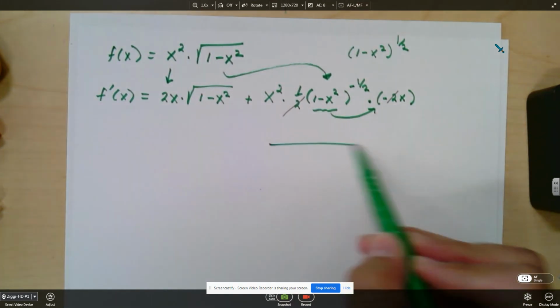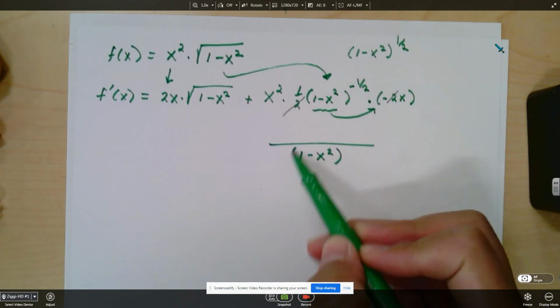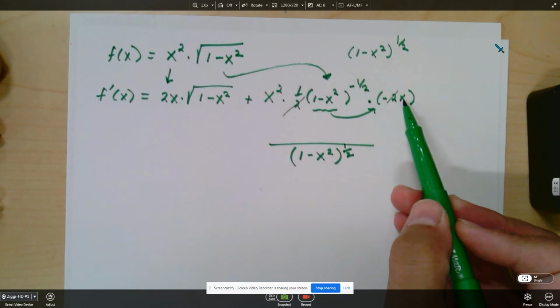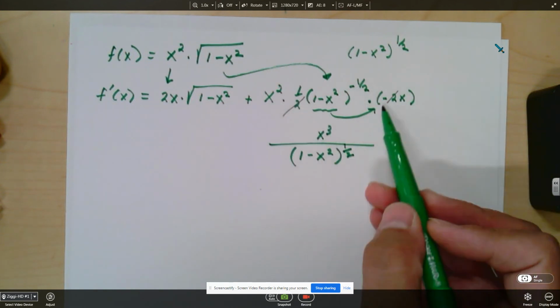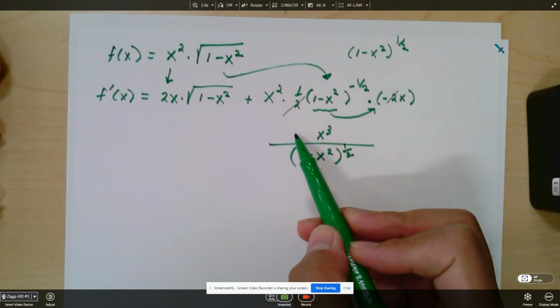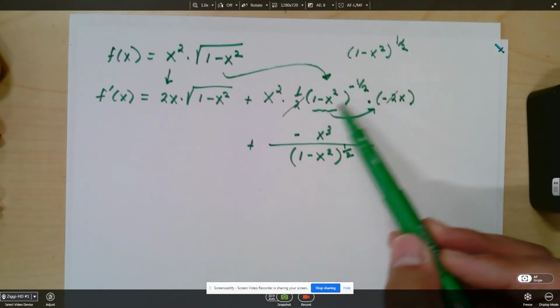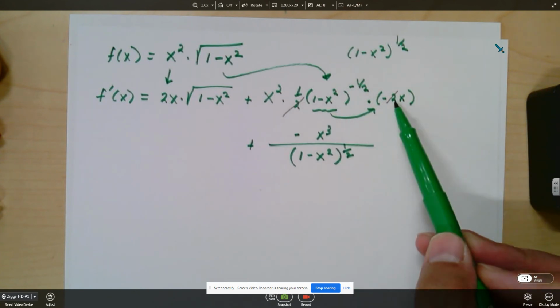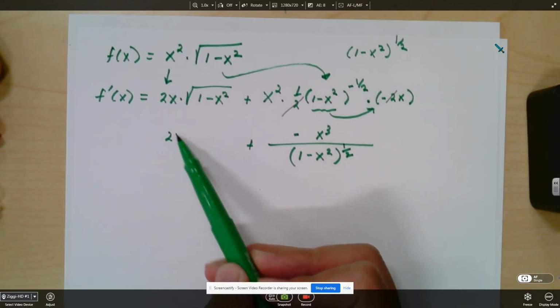This whole thing needs to be tossed into the denominator. This x can now be multiplied with that x, and then the minus could be put there. Did I get all its parts? I moved this one down, the half and the 2 cancel, the x and the x makes x cubed. And I still have this side.